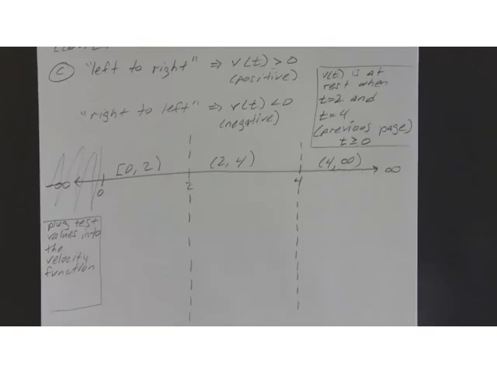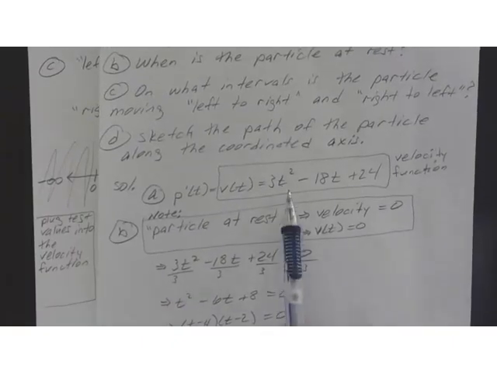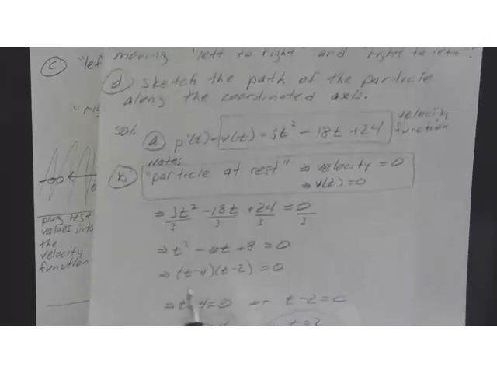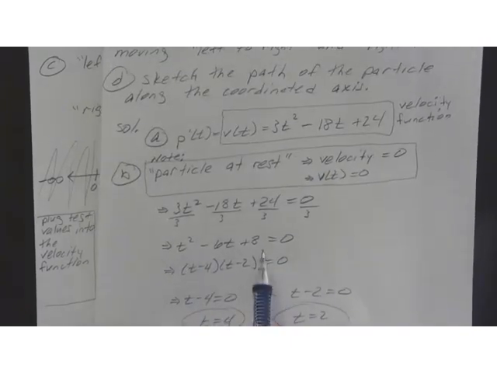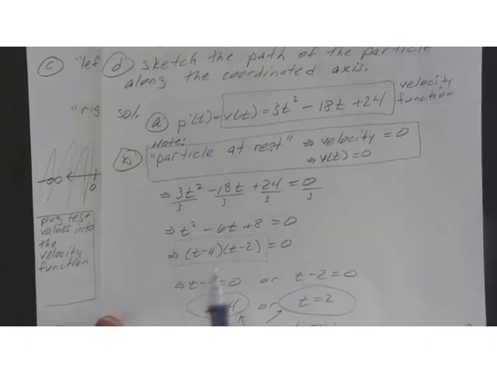You could leave the velocity function as 3t squared minus 18t plus 24, but it'll be a little bit easier to factor it and plug in values in that.